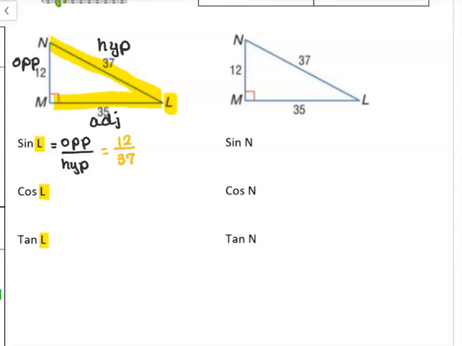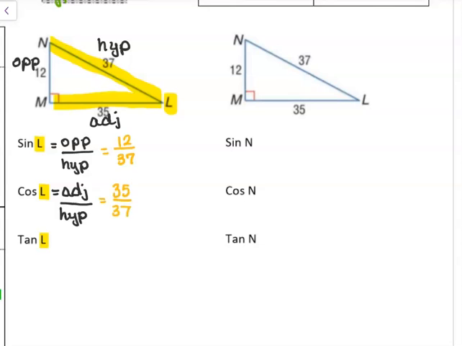So let's look at the next one, L, or cosine. Cosine is the adjacent divided by the hypotenuse. In our problem, the adjacent side was 35, and the hypotenuse was 37.